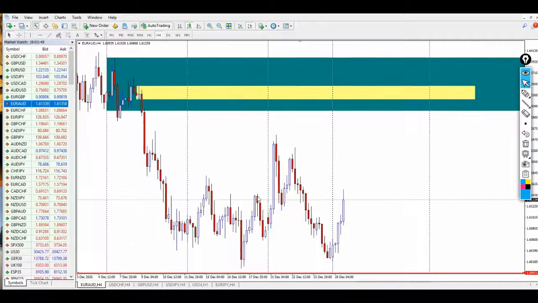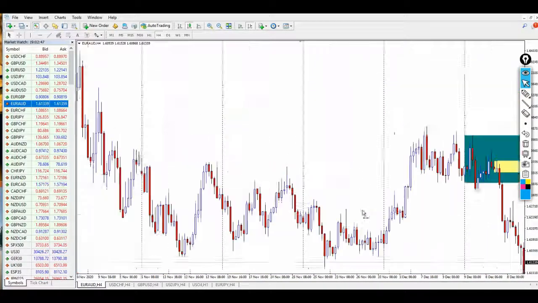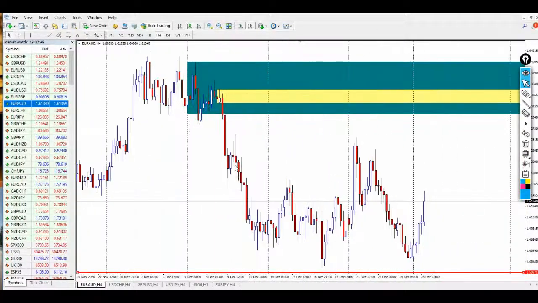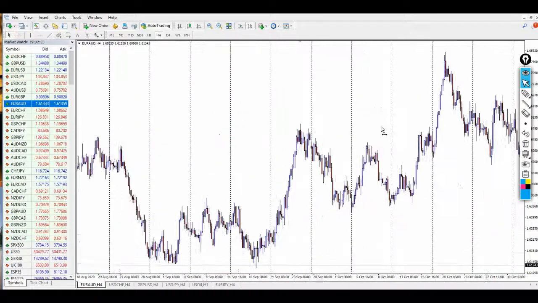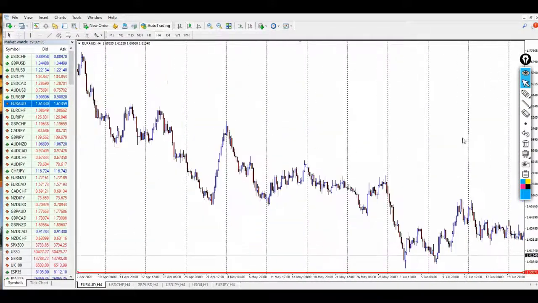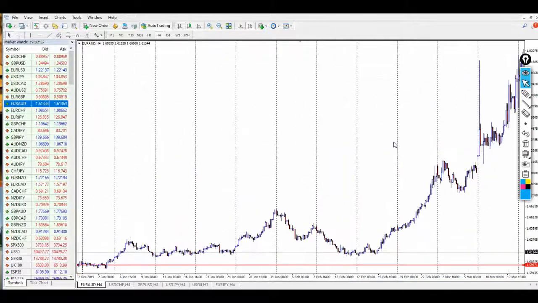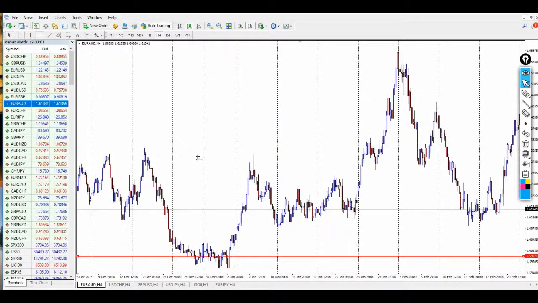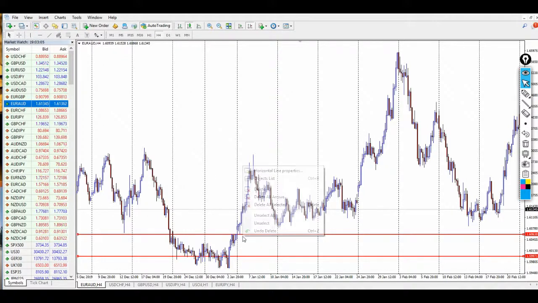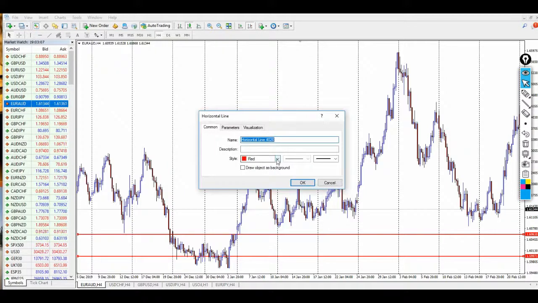Okay, so let's look for a demand zone on the 4 hour as we are concluding this video. Looks like we can't really find a demand zone except if we go back too much. If we go back, we can make this one our untested area of demand on the 4 hour. I'll change the color to blue.